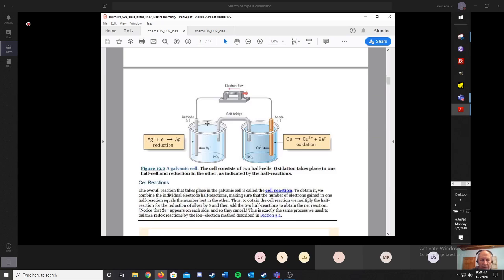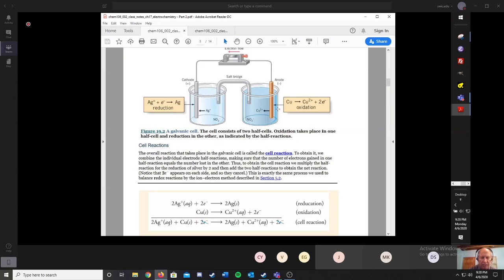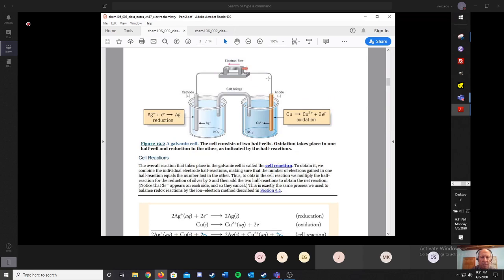Here's an example where we have the silver solution on the left and the copper on the right. They're both connected. You have a cathode, an anode. The anode is the negative electrode. Cathode's the positive electrode. Reduction always occurs at the cathode, whereas oxidation occurs at the anode.